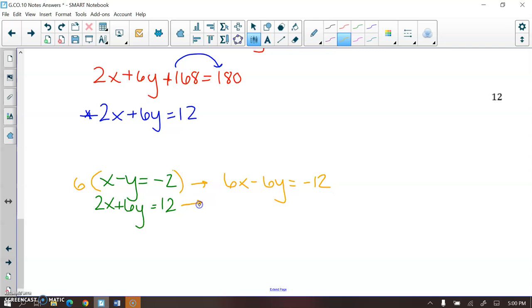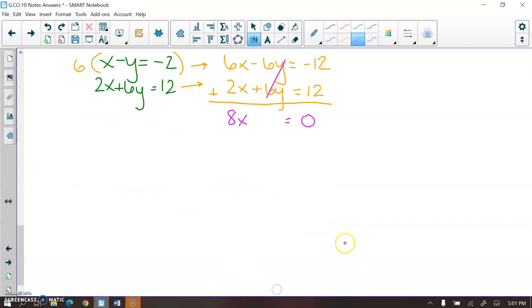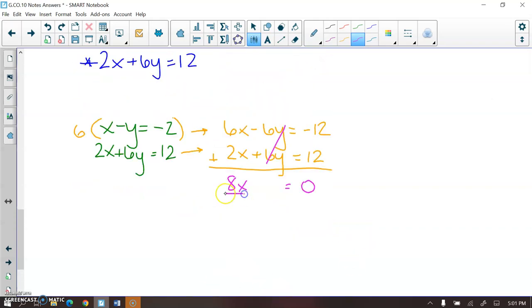And I'm just going to rewrite my bottom equation. Adding the two equations together, I get this. So then dividing by 8 on both sides, x comes out to be 0.